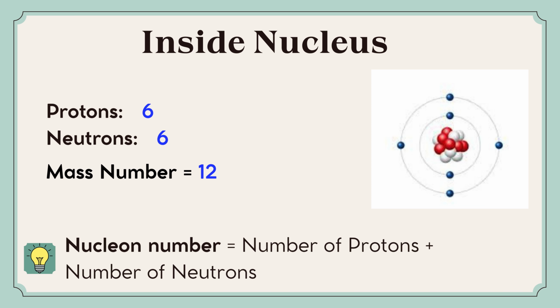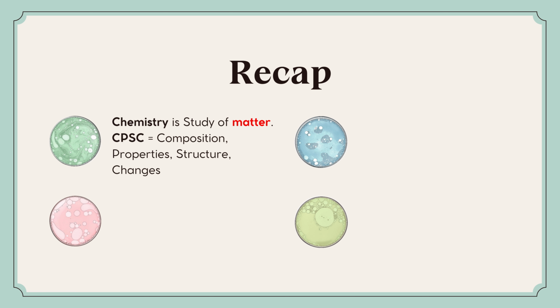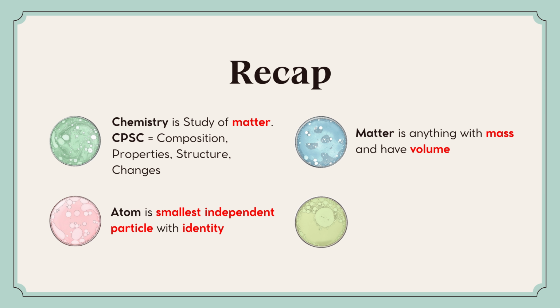Let's quickly revise what we have covered, and you should remember, chemistry is the study of matter. It's about the CPSC of matter: composition, properties, structure, changes. Matter is anything having mass and volume. Atom is the smallest particle of matter that can exist independently and has its own identity.